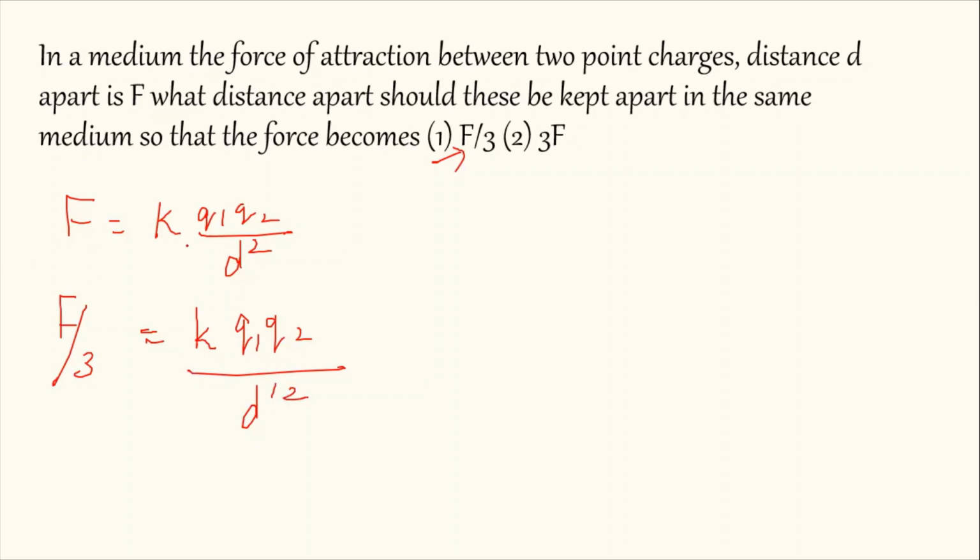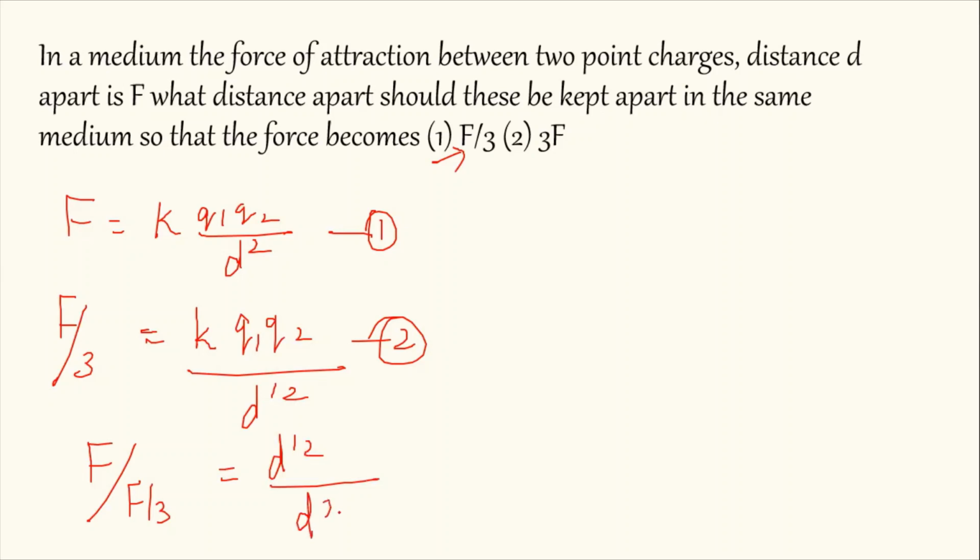Now, take this as equation 1, take this as equation 2. So, when you divide, F by 3 will be equal to, what will happen? This d dash will come to the numerator. D will be in the denominator, right? F and F get cancelled, 3 will come to the numerator.